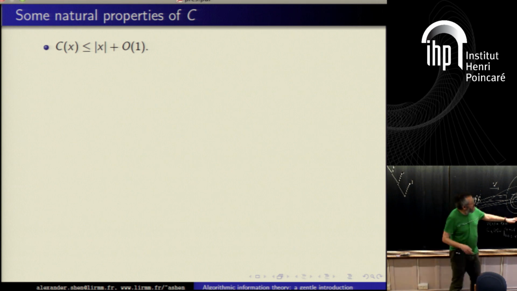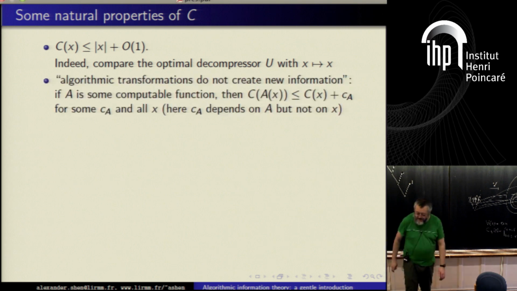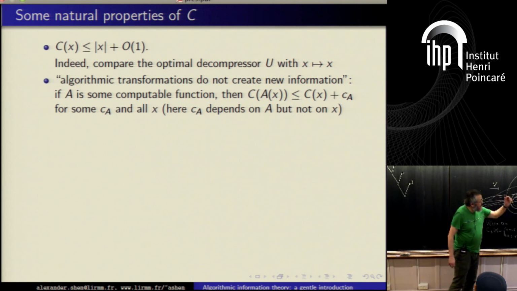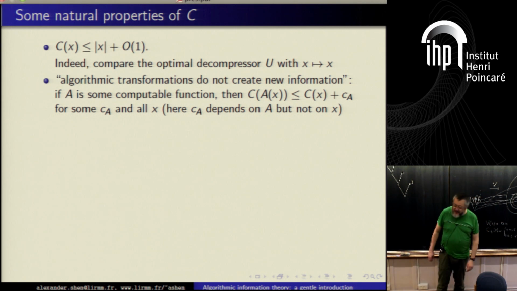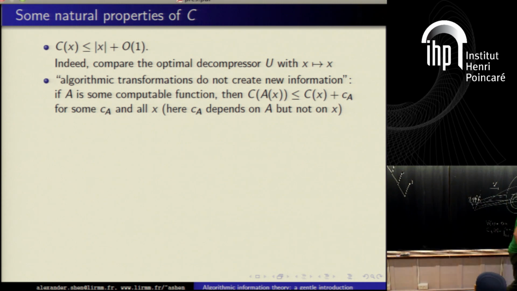And this says that somehow there is a universal balance for this up to a constant. And another theorem. If we say that the complexity is the amount of information, then one would expect that information cannot be created by use of algorithms.